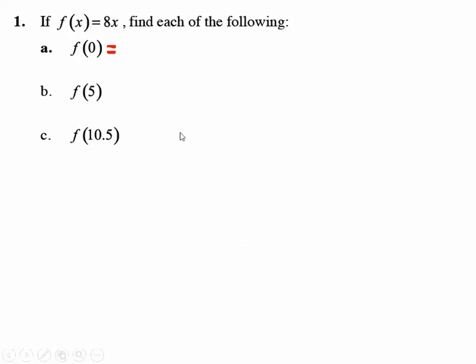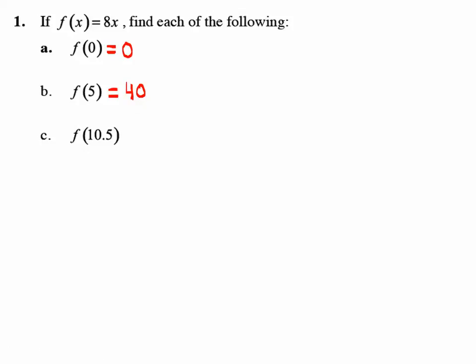Alright, easy one here. If you're going to plug this in, really this would be 8 times 0. Everybody okay with 0 being the answer? Alright, and 8 times 5 is 40, so what we're really doing is plugging into this little value there.